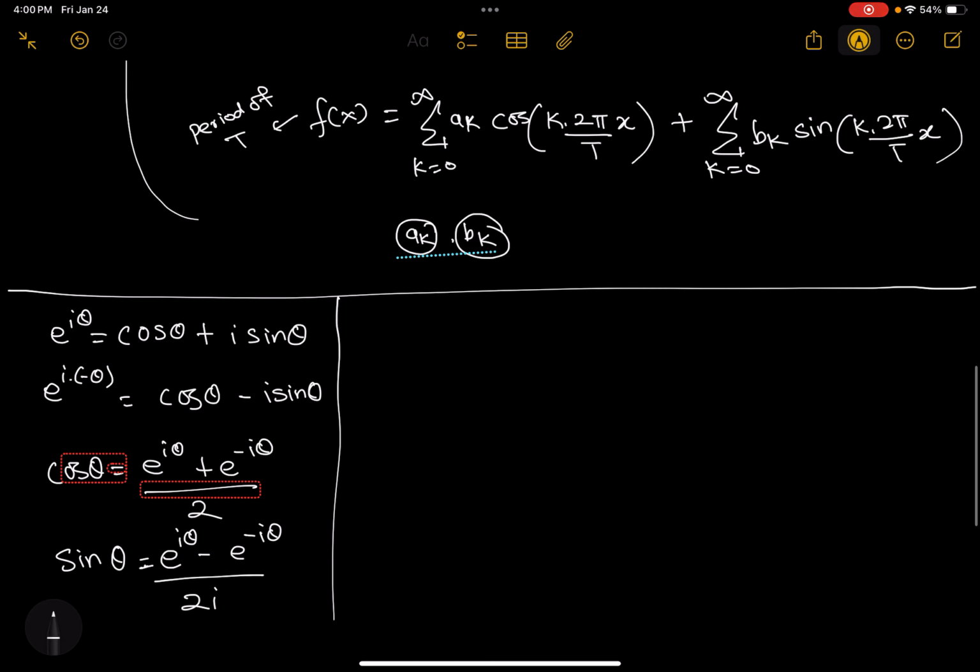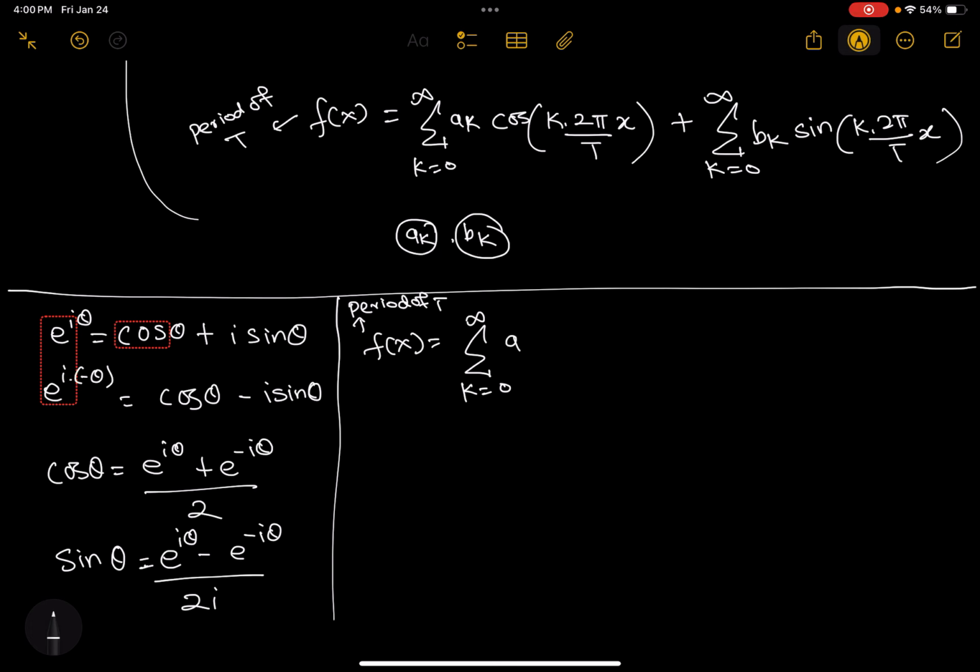So now if you know this, let's substitute it back. We see that a function, again with a period of t, can be written as this infinite sum: sum from k equals 0 to infinity, a sub k, and then this becomes e to the power i.